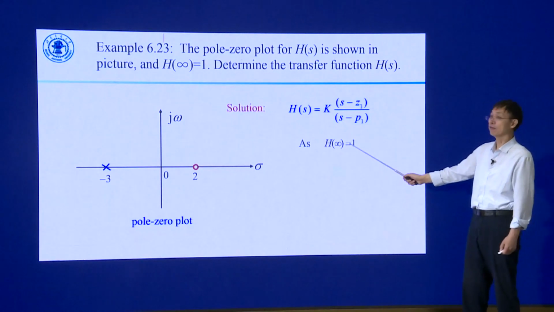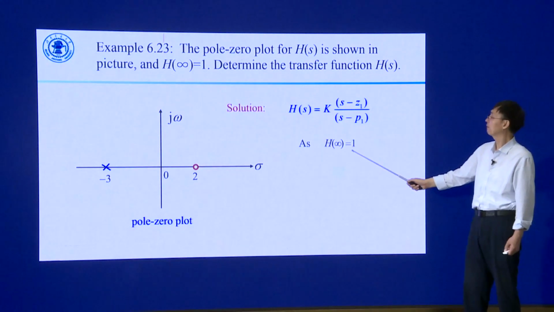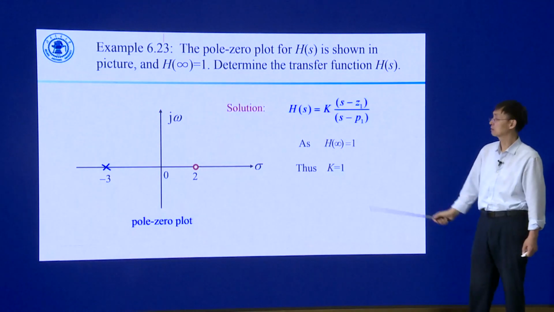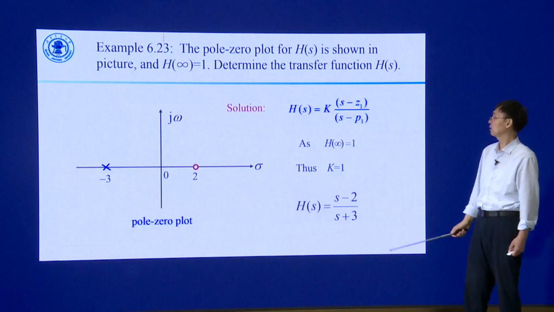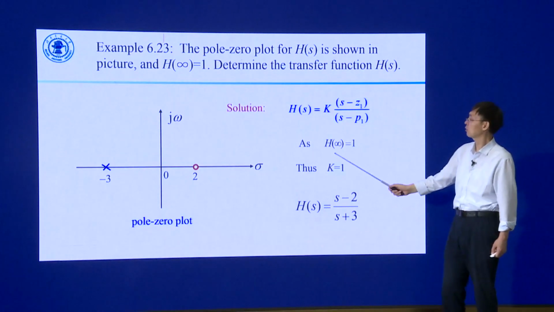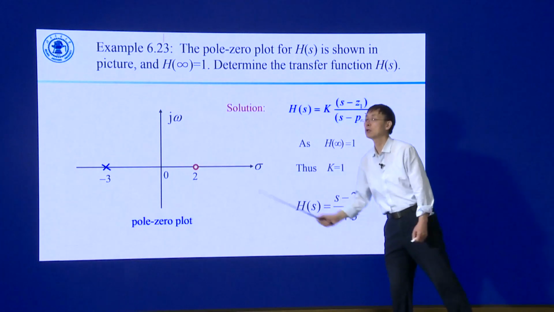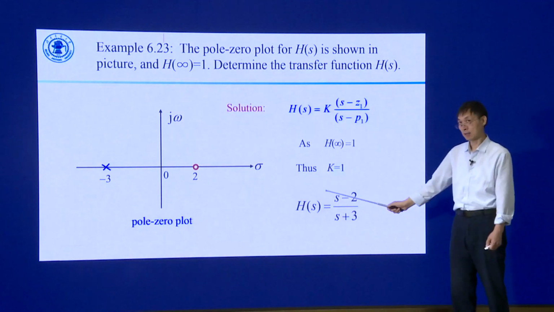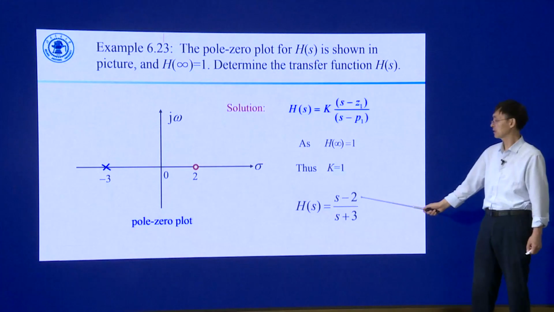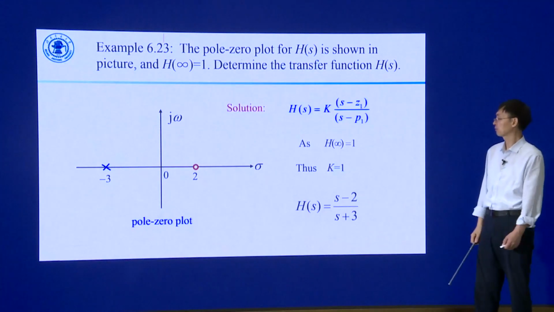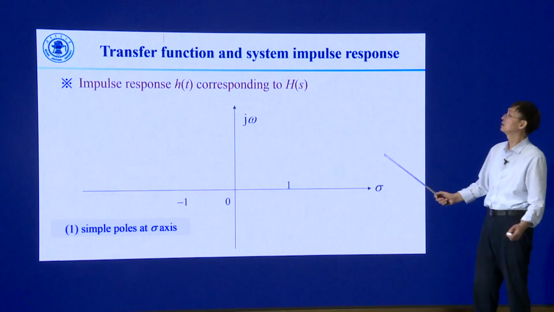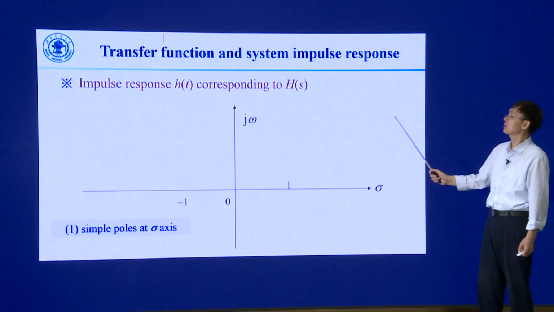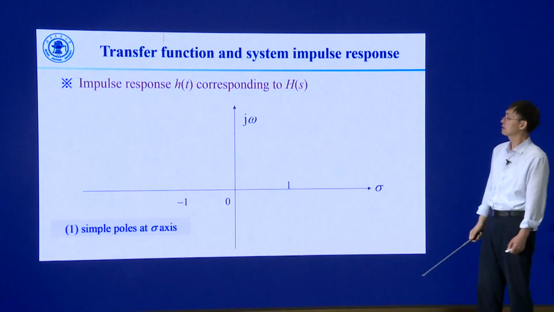As H(infinity) equals 1, we get the constant K equals 1. Because there is 1 zero and 1 pole at minus 1, we can get H(s) equals this expression.